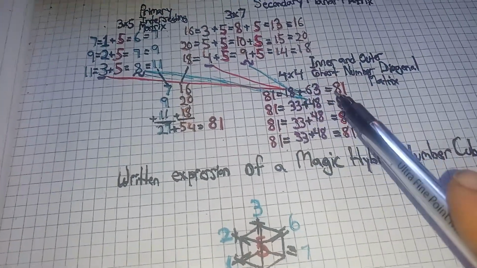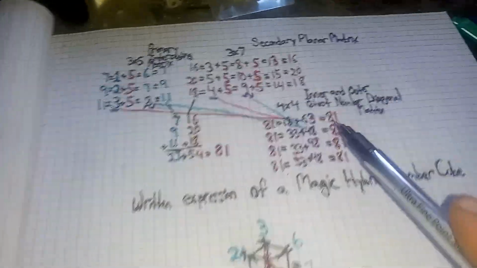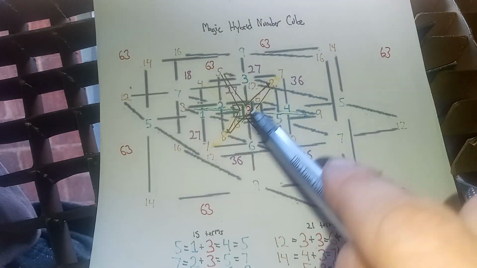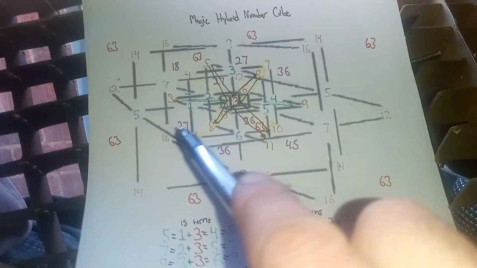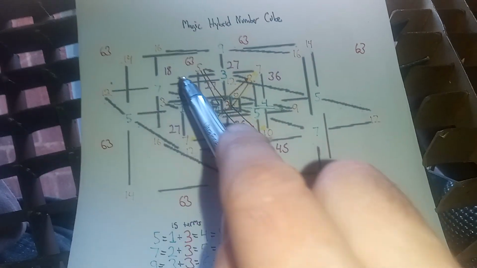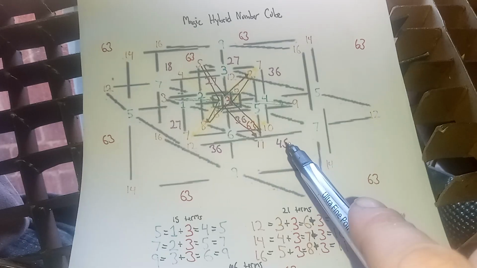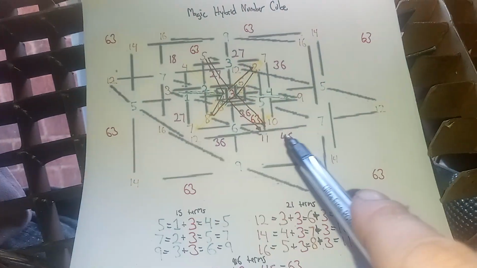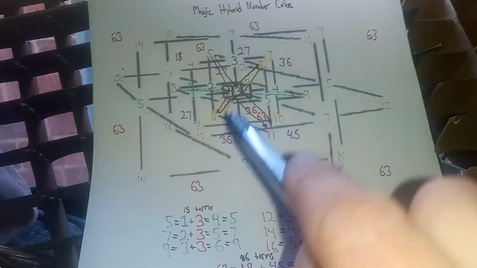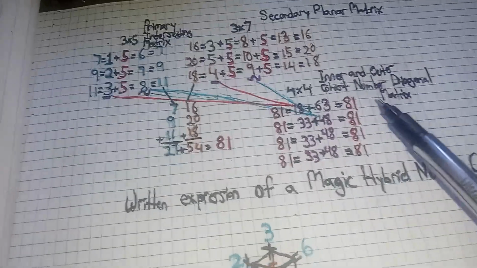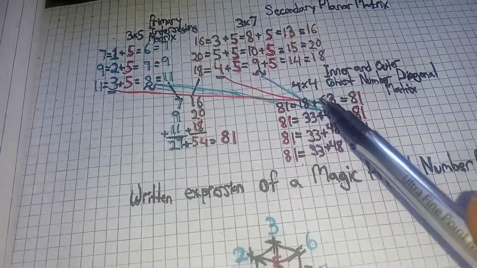And if you know the rule of the way that these structures are built, you know that it only has one case of a larger to smaller to larger number. The rest of them are duplicates. So this is the end result of the diagonal matrix of the inner and outer ghost numbers.